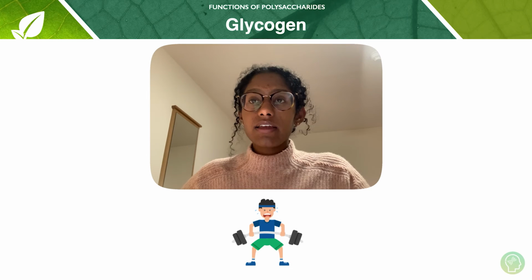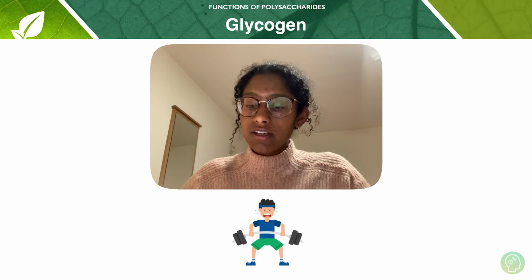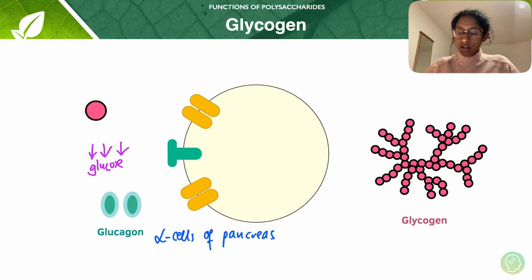Okay, now Richard has just done an intense gym session. So the opposite is going to happen. He's going to have really low glucose in his blood. And now the alpha cells of the pancreas are going to secrete glucagon.